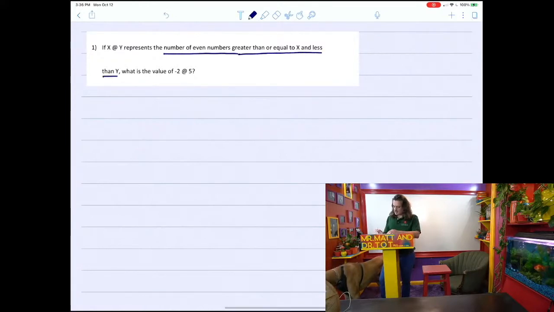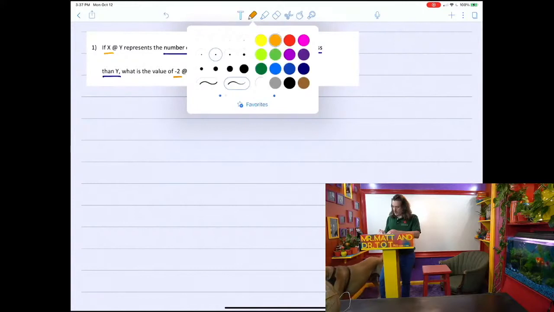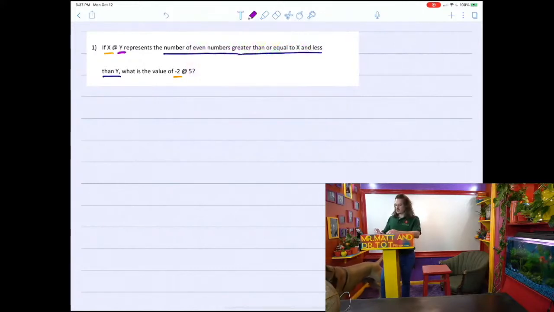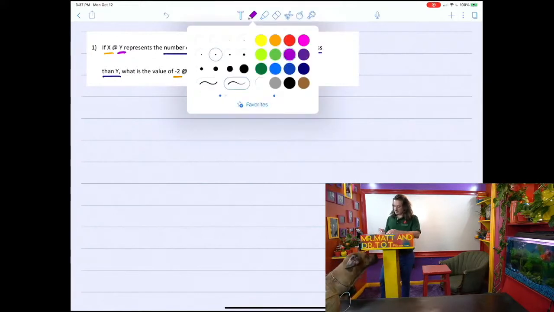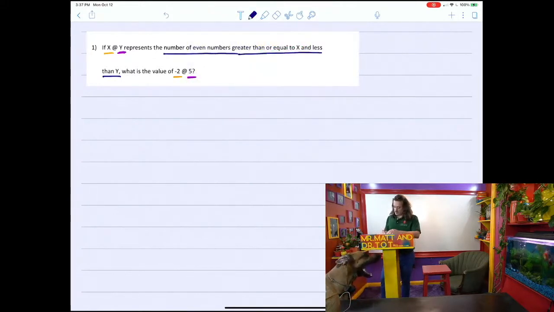So x is -2 and y is +5. So -2 at sign 5 is going to be all the values from -2 up to +5.